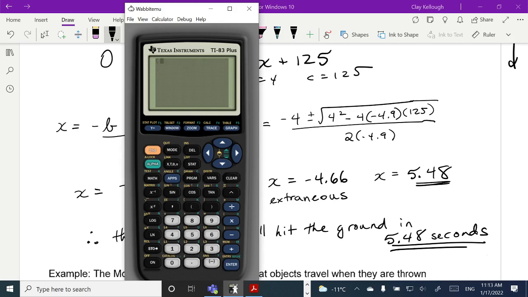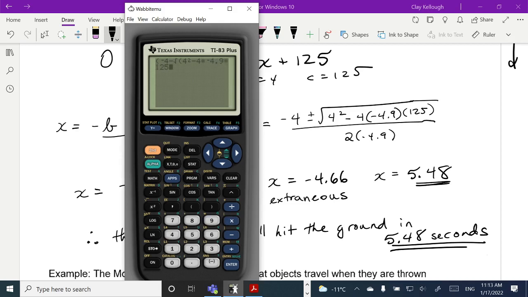Open a bracket, -4. There's the first part. Minus square root 4 squared minus 4 times -4.9 times 125.